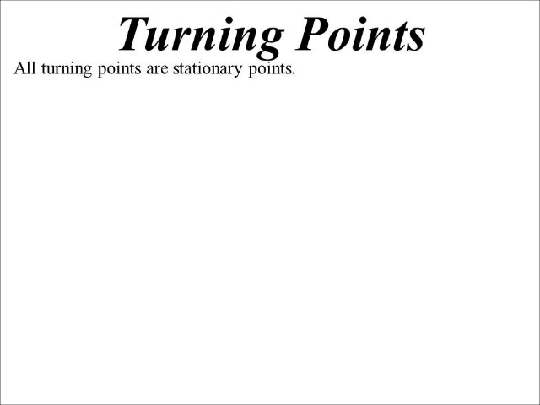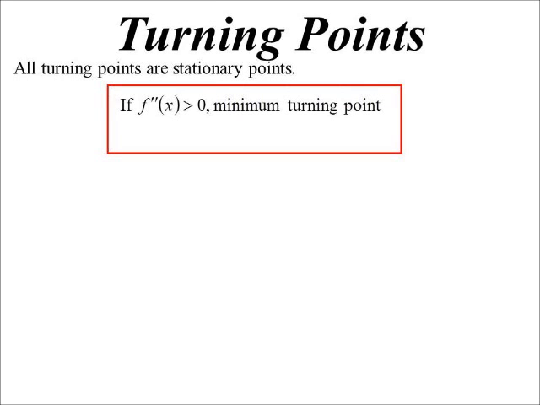But then we can combine that with the idea of concavity to classify the turning point. Because if it's stationary and it's concave up, then it must be a minimum turning point. If it's stationary and concave down, it must be a maximum turning point. So minimum turning point if it's concave up, maximum turning point if it's concave down.